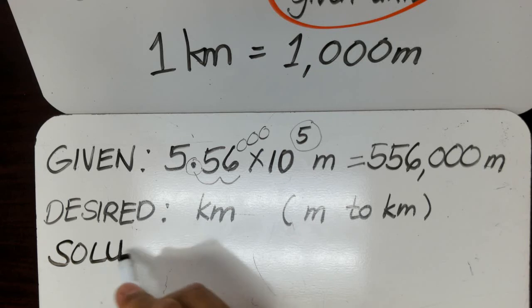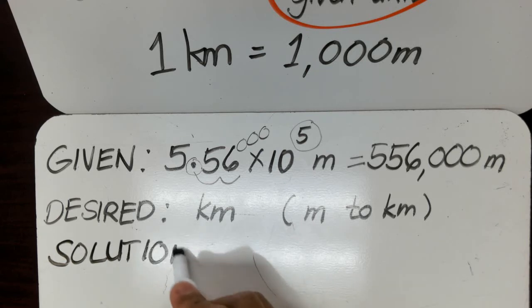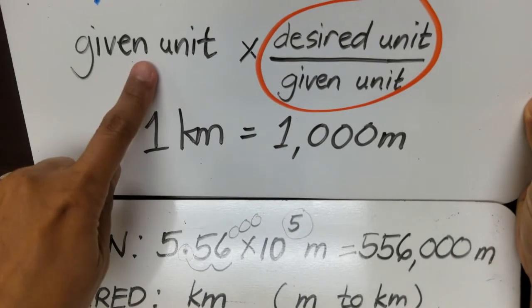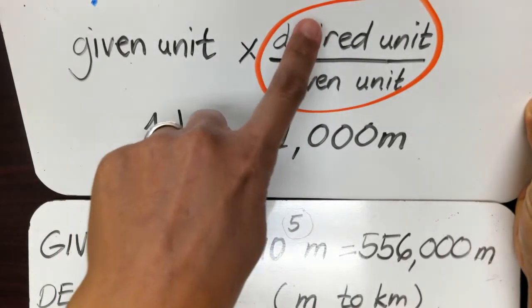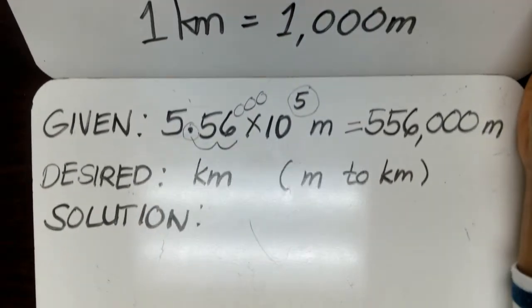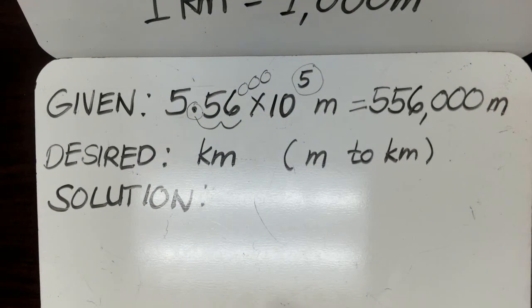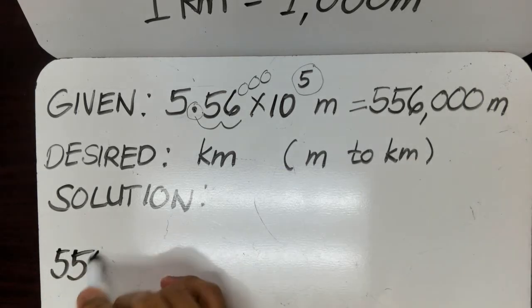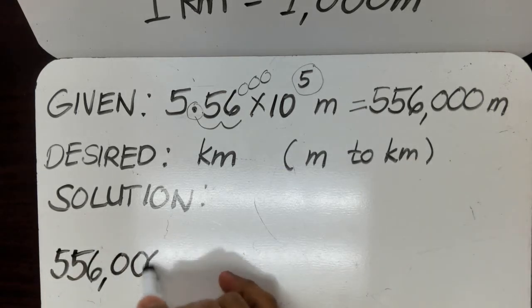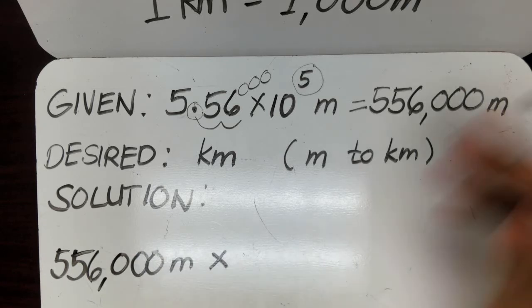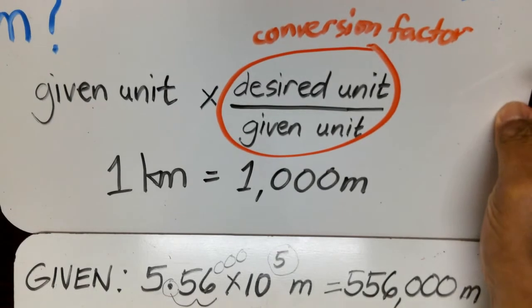So let's solve it. Our solution will follow the format given unit times desired unit over given unit. So given unit is the one we wrote in the first part. So given unit is 556,000 meter. Then we multiply it to our conversion factor.